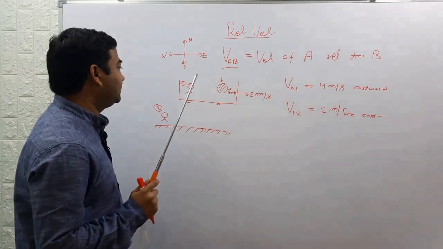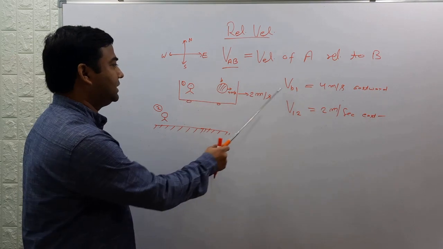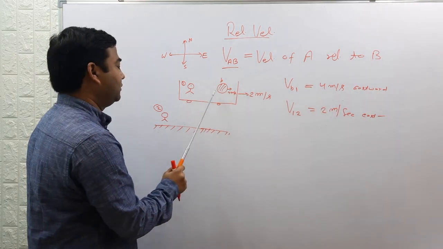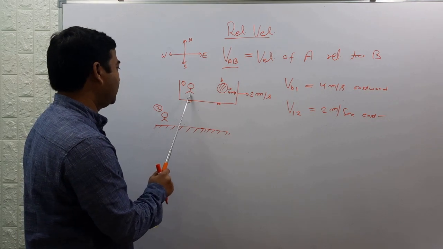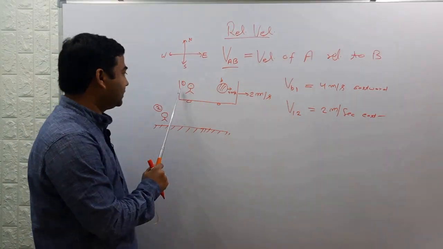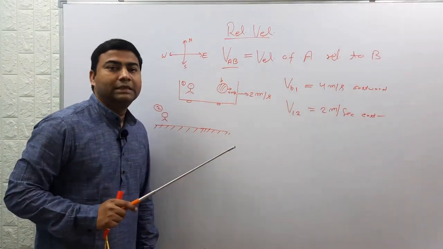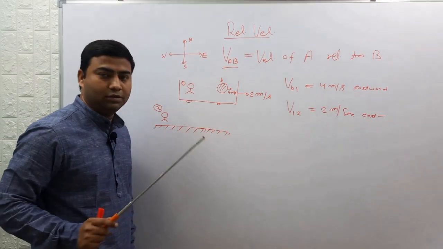So we have represented both these velocities: the velocity of ball with respect to observer 1, that is VB1, and the velocity of cart with respect to observer 2, or velocity of observer 1 with respect to observer 2. Both will be the same because observer 1 and cart are moving with the same velocity. Their relative motion between observer 1 and cart is 0.